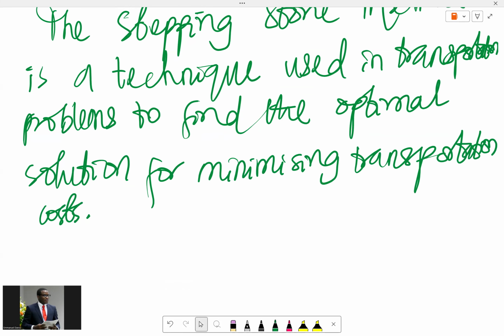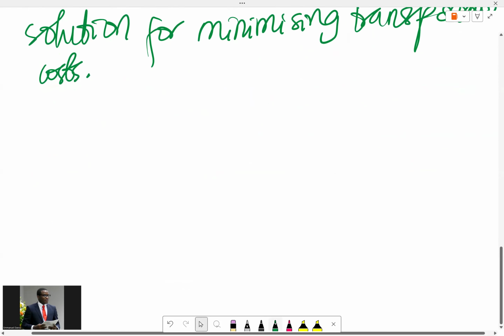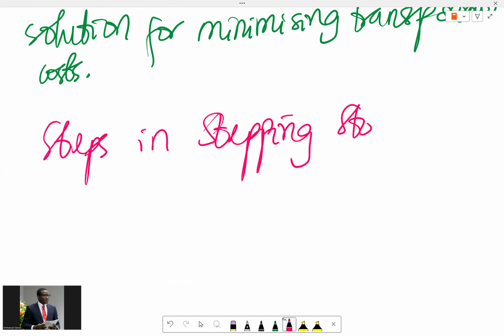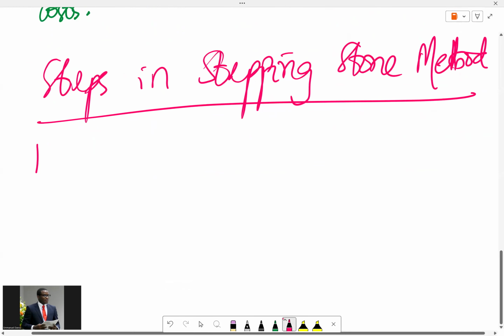Let's consider the steps in the stepping stone method. Well, the first thing is to find the stepping stone and then move on from there. So first, well, maybe not the first.